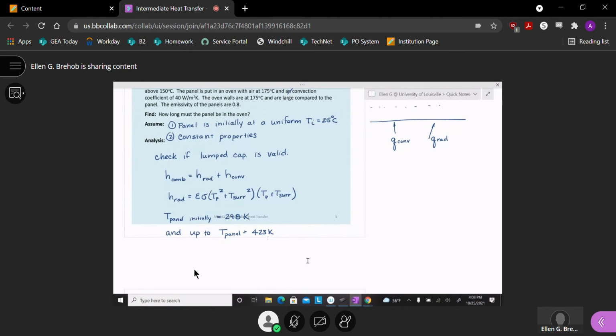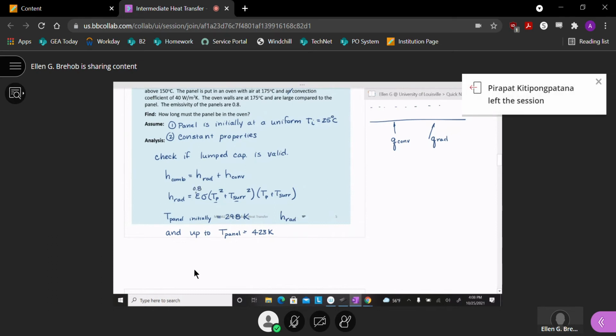So if we're thinking about, I'm adding the plate temperature to T surroundings, it is the lower temperature, so that when the panel initially goes in, I see a smaller effective radiative heat transfer coefficient. So this gives me h_rad. Again, if I plug in my numbers, I get a 0.8 here.